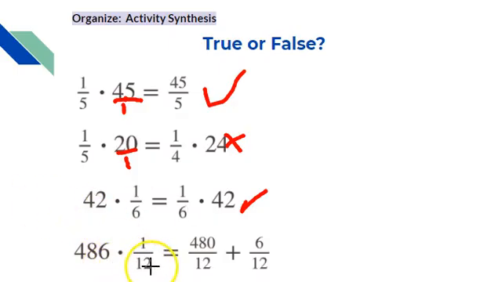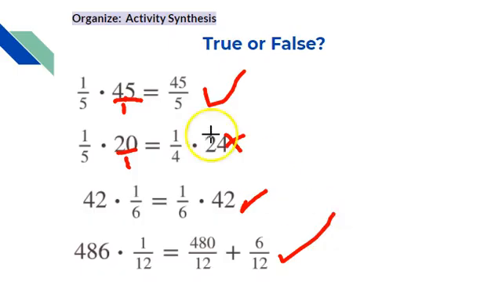What about 486 times 1/12 being the same as 480 twelfths plus 6 twelfths? Well, doesn't that just what this is splitting up? If you split this into 480 and 6, because you would add those together, and you take the 1/12 times each, wouldn't that give you that?